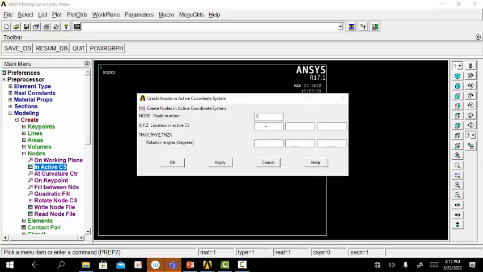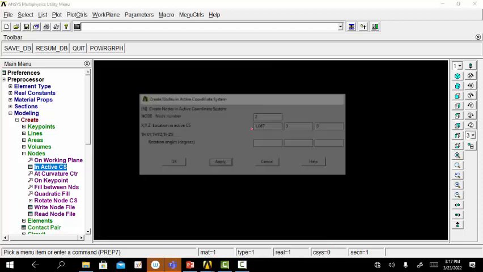So the first nodal point is set at origin 0, 0, 0. The second nodal point, already we have discussed the Cartesian coordinates of the nodal points. So the second nodal point is set at 1.067 meter and y coordinate is 0, z coordinate is 0.